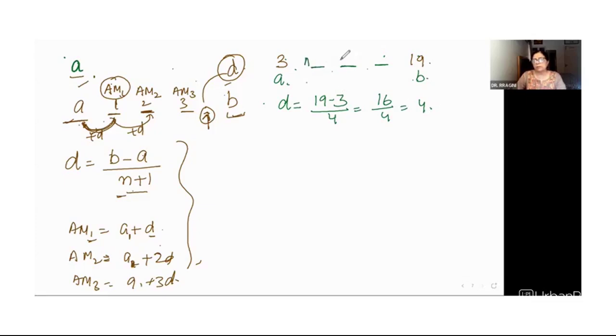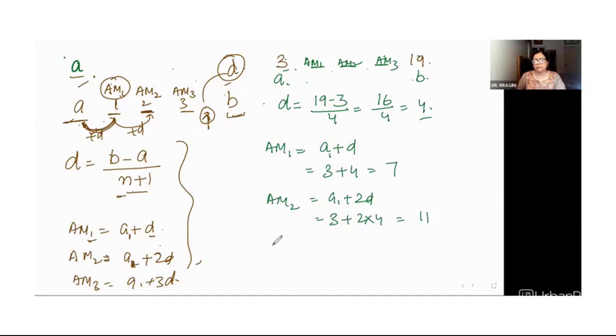Now the values of AM1, AM2 and AM3. What is AM1? AM1 is A1 plus D. A is 3, D is 4. This would be 7. AM2 is A1 plus 2D, 3 plus 2 into 4, 8 plus 3, that is 11. AM3 is A1 plus 3D, that means 3 plus 3 times 4, 12 plus 3, 15.